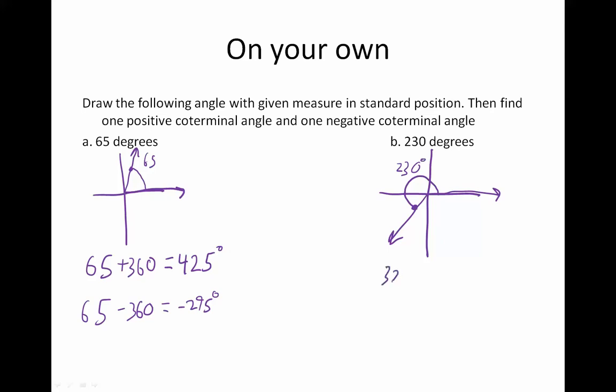And then to find a positive coterminal angle, I will add 360 to that, which is going to give us 590 degrees. And for a negative coterminal angle, I will subtract 360 degrees and get negative 130 degrees.